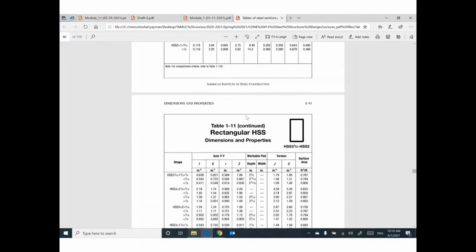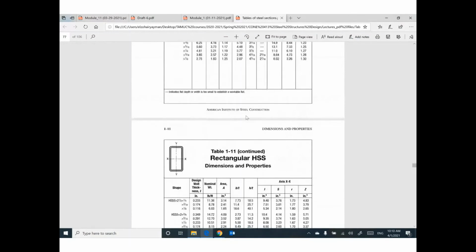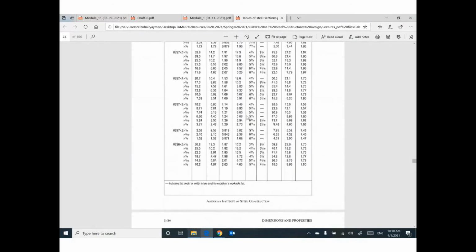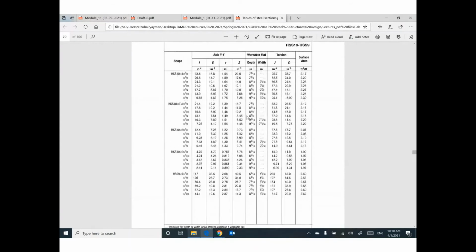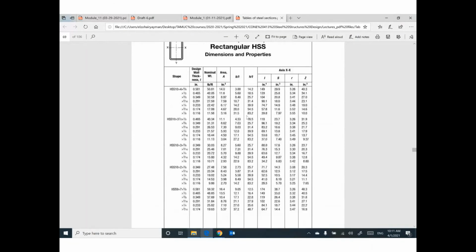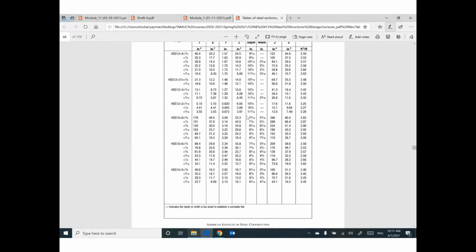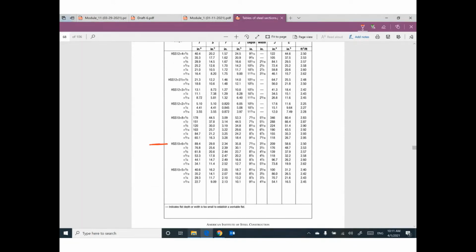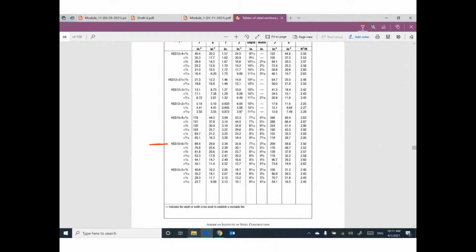So I need rectangular. There you go. 10 times 6. But your cross section is 10 times 6 times 3/8.